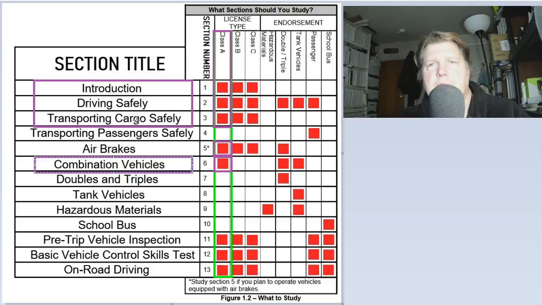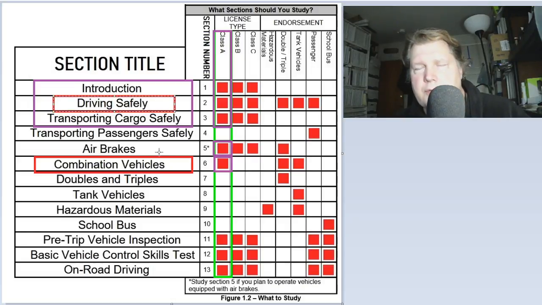Section 3, transporting cargo safely. And Section 6, combination vehicles. The most difficult section of all of those four is going to be driving safely, because it's a very long section, 23 subsections. Okay, so that's just for the general knowledge.